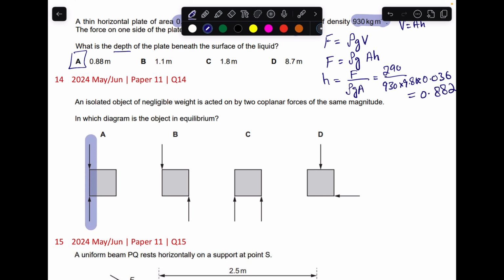So there will be no resultant force, no resultant movement, and this thing will be in equilibrium. In option B, if you see, it will produce a couple. The forces will be cancelled, but the moments will not cancel each other. In option C, there is a resultant force, and in option D, there will also be a resultant force acting on it.